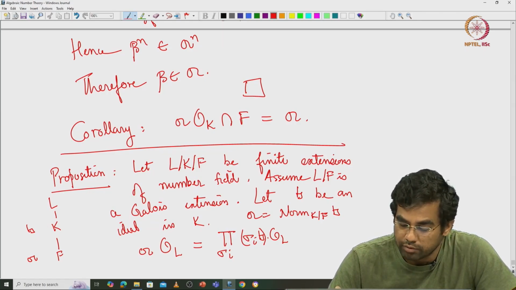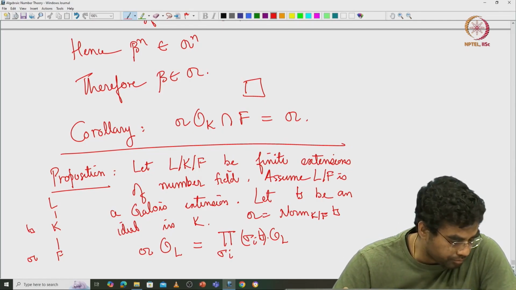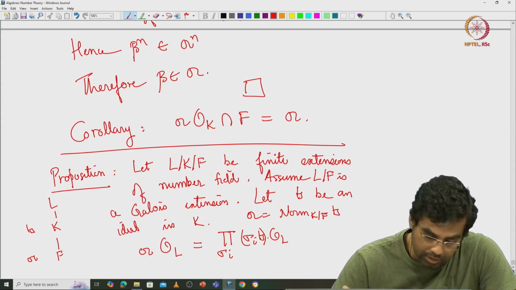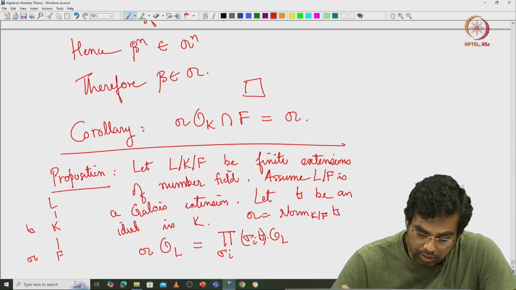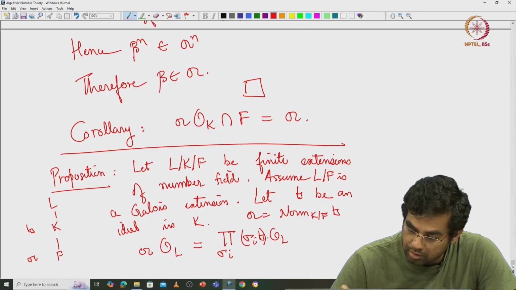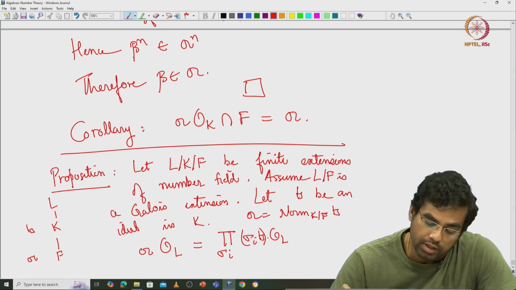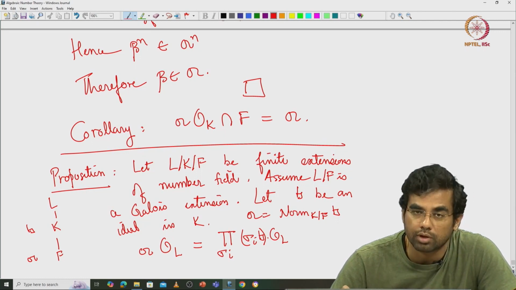So let us take the case when L is equal to K. Sorry, let me take the case when K is equal to F. Okay.